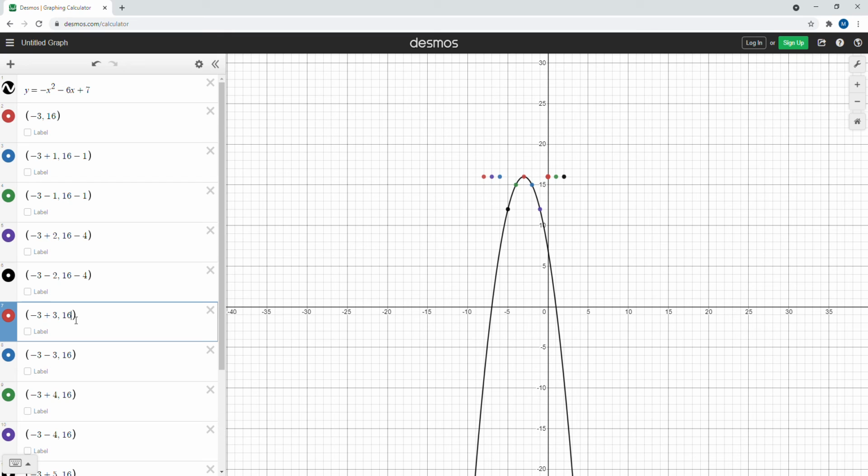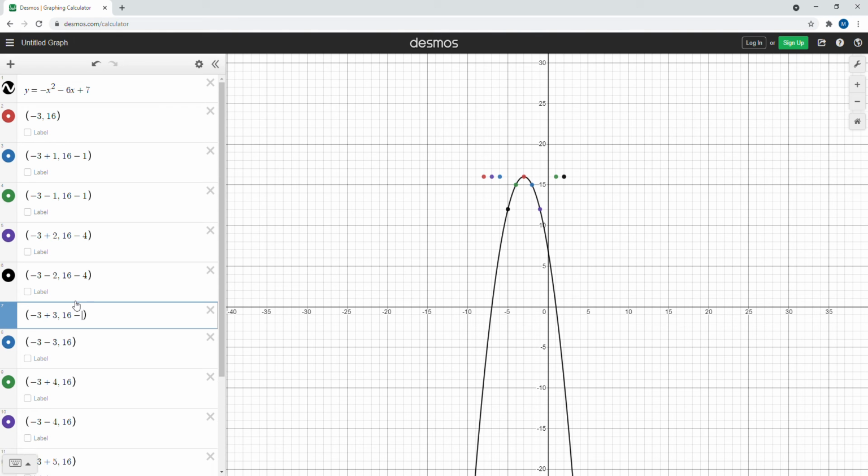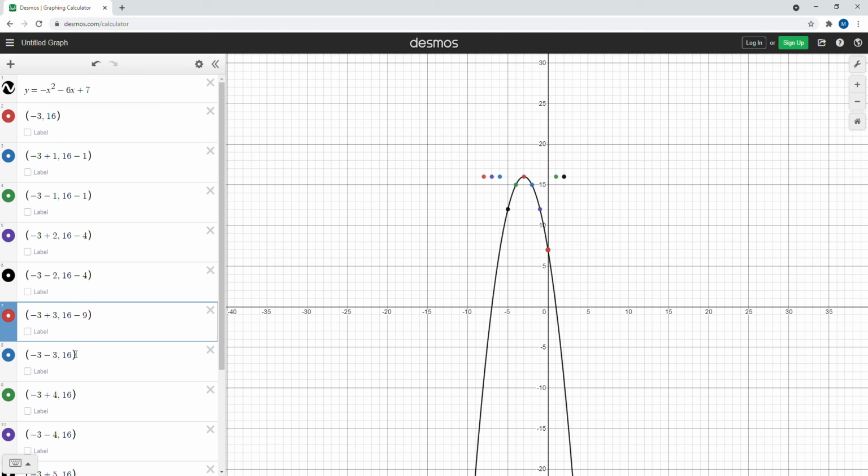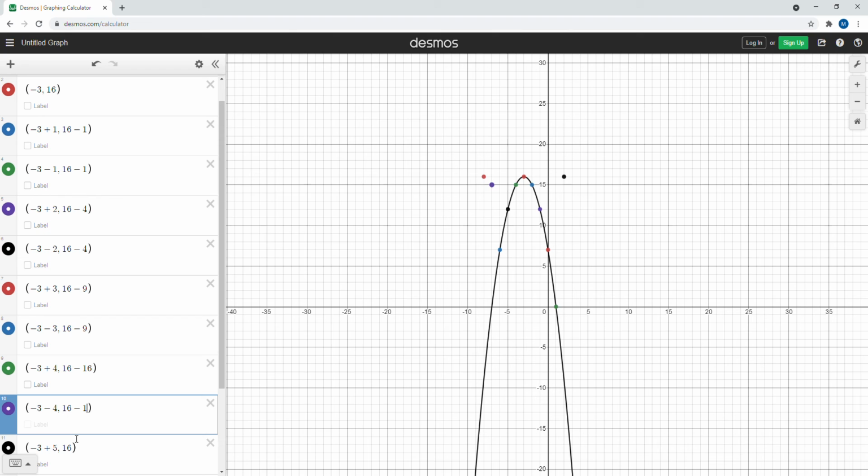Okay, when we add 3 or subtract 3, 3 squared is 9, so we will subtract 9, and subtract 9 because 3 squared is 9. Now 4 squared is 16, so we're going to subtract 16 and then subtract 16. And finally, when we add 5, 5 squared is 25, so we will subtract 25 and subtract 25.